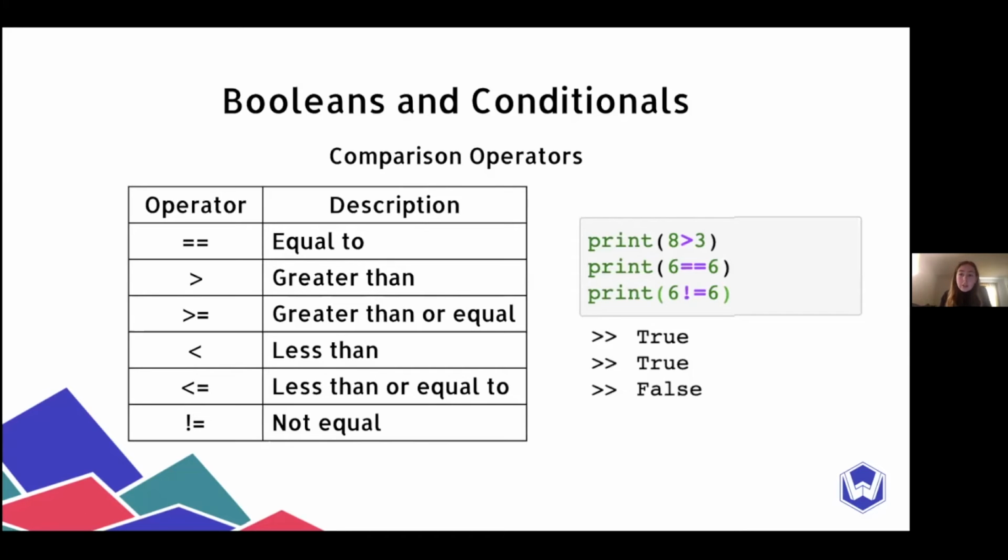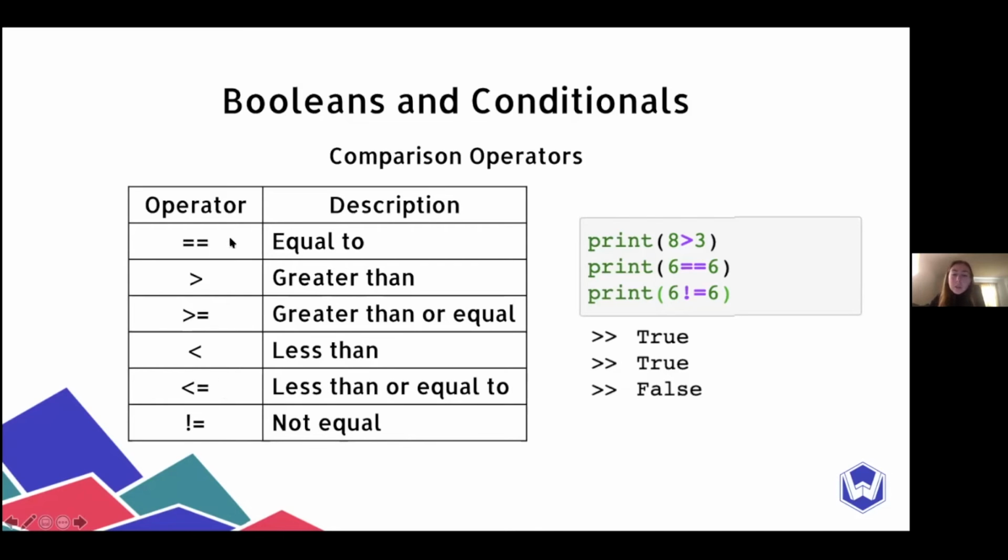Now I just touched on the Boolean values, so I'm going to go into some of the comparison operators. So these are for comparing two different objects, and they will evaluate to one of those Booleans. The ones that are really important to note here are the equal to and the not equal to. I think the rest of these are what you would expect them to be: greater than or equal to, less than or equal to.